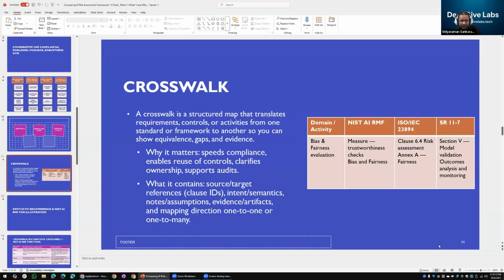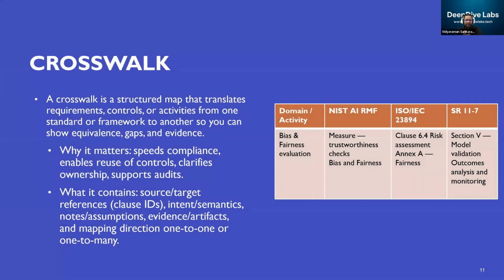Again, we'll just look into it a bit just to recap. The crosswalk is the structured map, so it translates the requirements or the controls from one particular framework to another, and it enables reuse of controls across each of these frameworks.